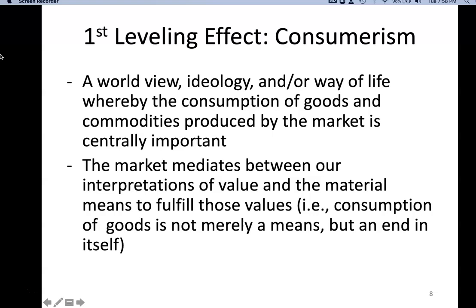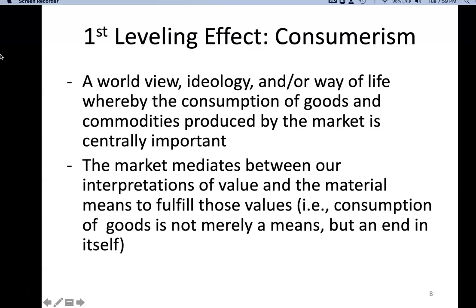Okay, so if you really analyze that abstract definition, it's saying that what mediates or comes between what our inner sense determines as valuable, and how we realize those values in the material world, right? The external world beyond our innerscape, if you will, is the market. That's what mediates between that.